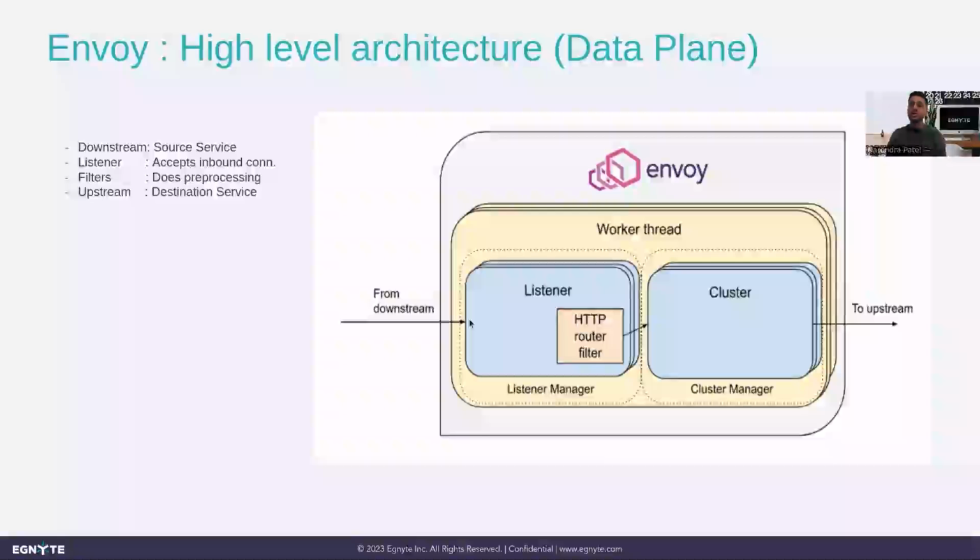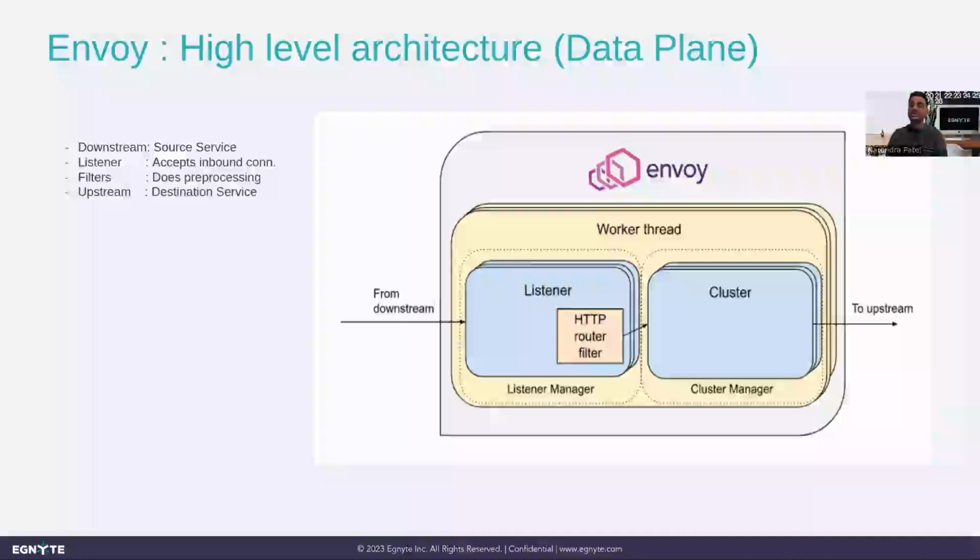Now Envoy works in a threaded model with one thread dedicated to server management, and the rest of the threads handle the actual data. So when the traffic comes to Envoy, one of the worker threads will accept the traffic via the listener module. The listener is the first component with which the traffic interacts.